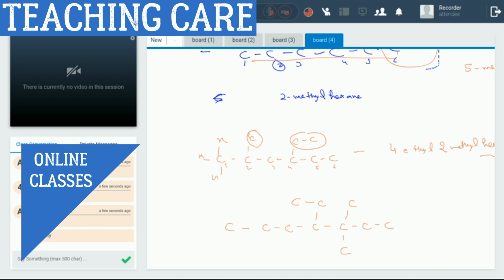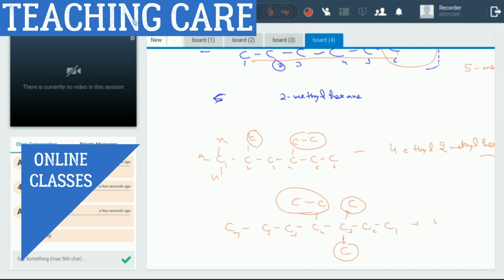Don't you think here in this compound, numbering should start from where branching is near, like 1, 2, 3, 4, 5, 6, and 7, right? So can I say at the 4 there is an ethyl group, and at the 3 there are two methyl groups?